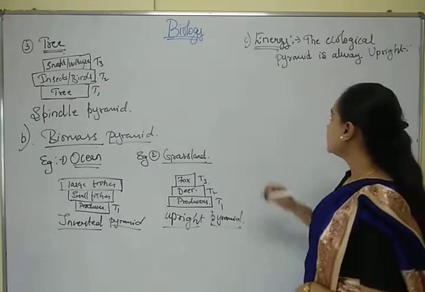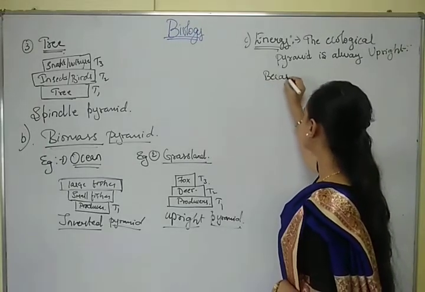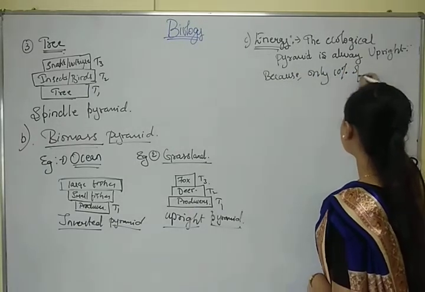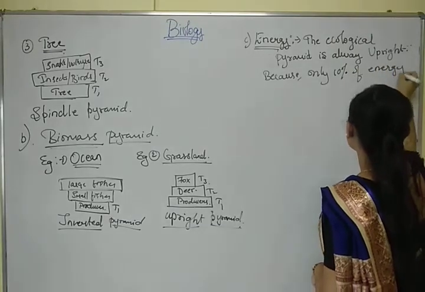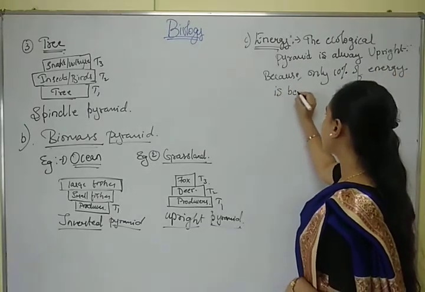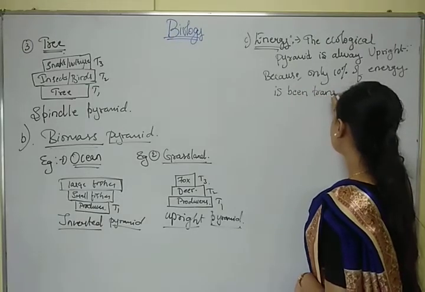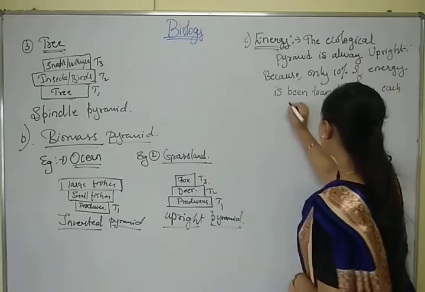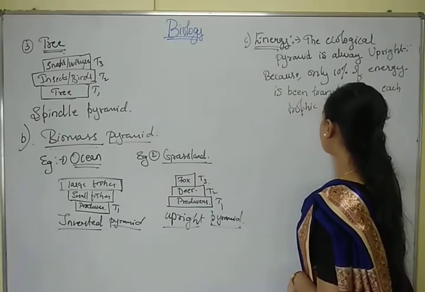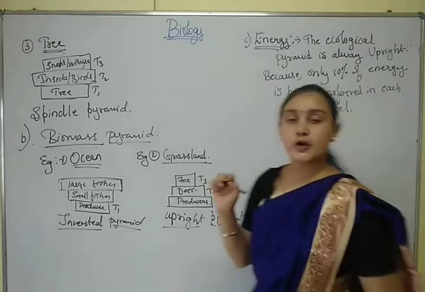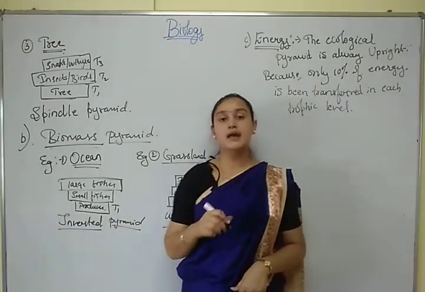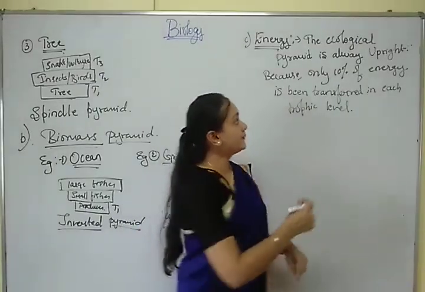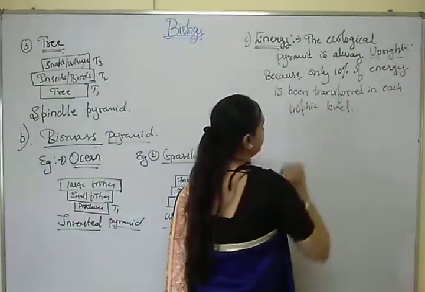It is always upright because only 10% of energy is transferred in each trophic level. So if we consider energy, the pyramid is always an upright pyramid.